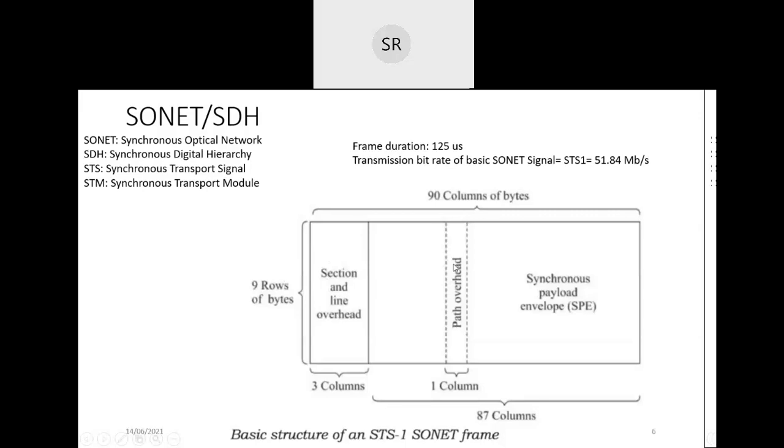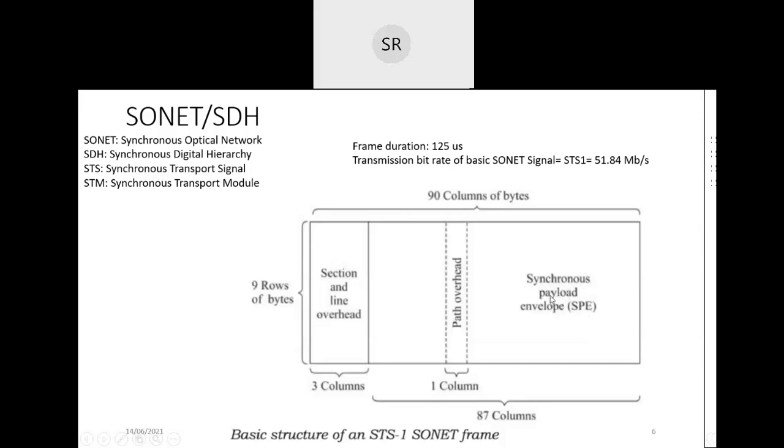And the remaining columns in that SONET frame, that is 87 columns, of which one column is used by the path overhead, and all these 87 columns are called the synchronous payload envelope, that is SPE here.